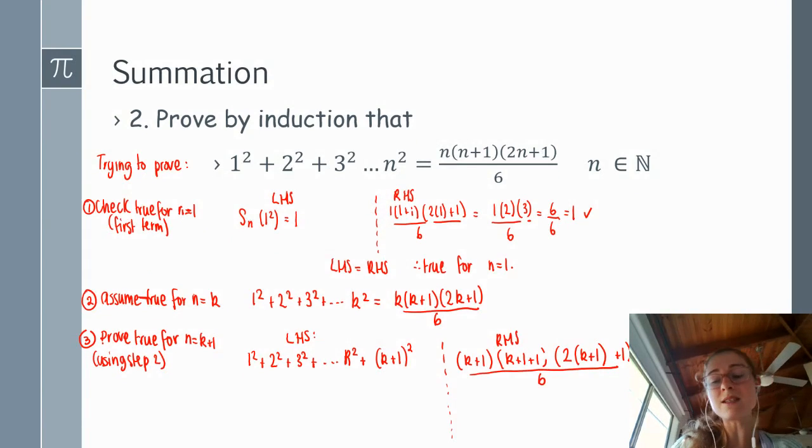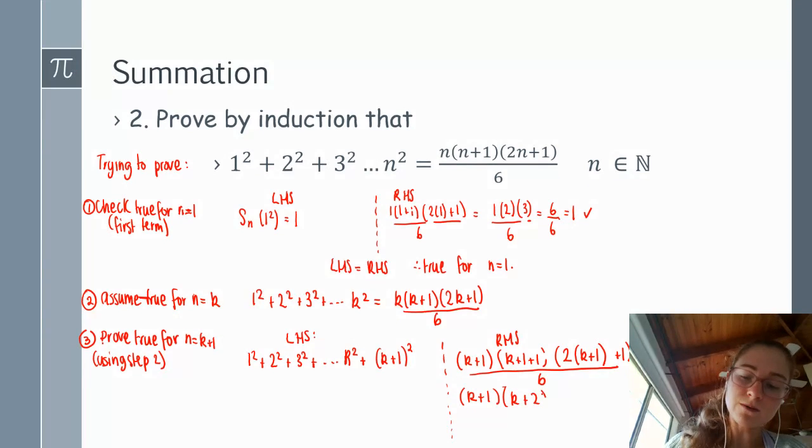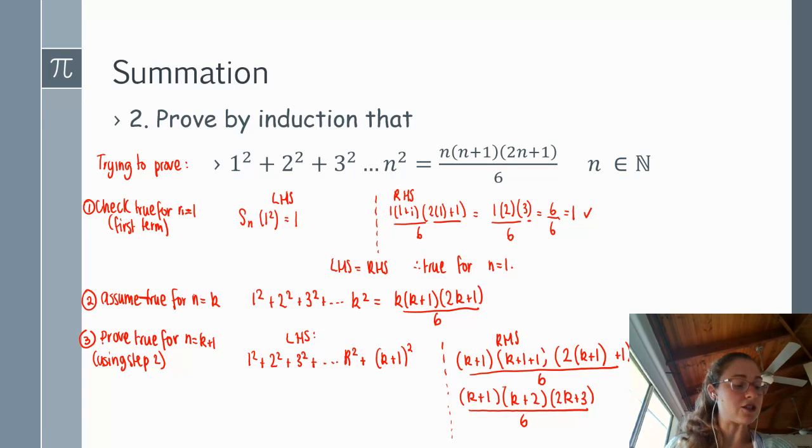Now, I'm just going to simplify the right-hand side a little bit. So I'd have k plus 1, k plus 2, and then this last bracket would become 2k plus 2 plus 1, so 2k plus 3, all over 6. Now our job is to show that the left-hand side can be written in the same form as the right-hand side.